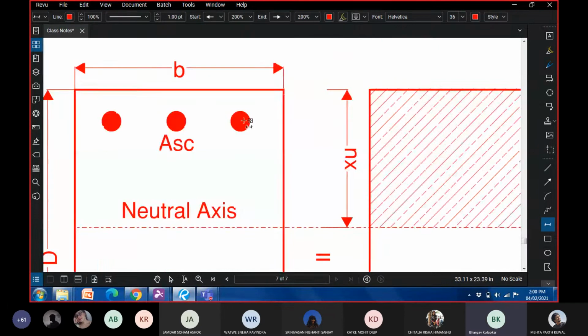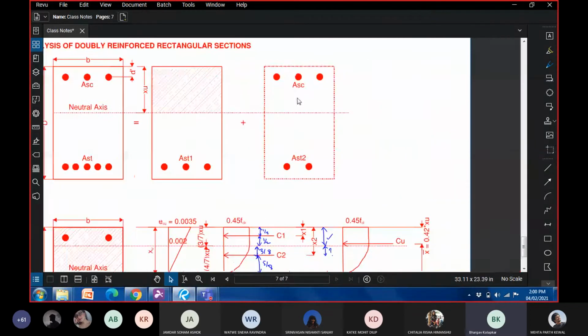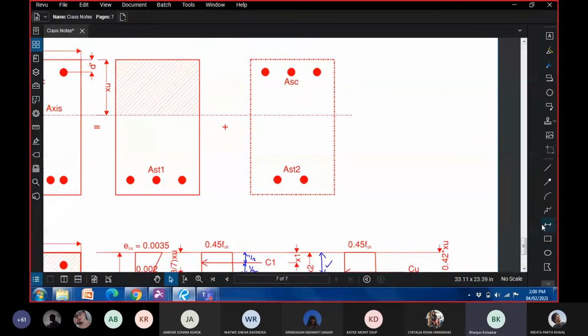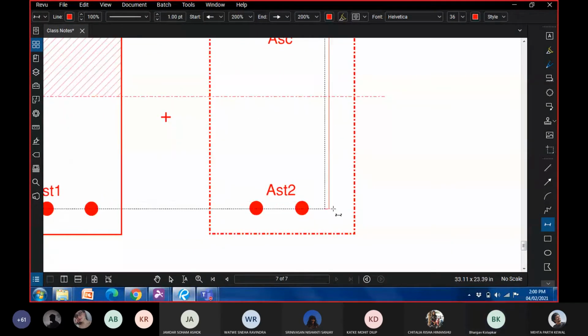And this from the center to the top, this is d dash, the effective cover. Since this is d dash, the distance between the compression reinforcement and the tension reinforcement is equal to d minus d dash.